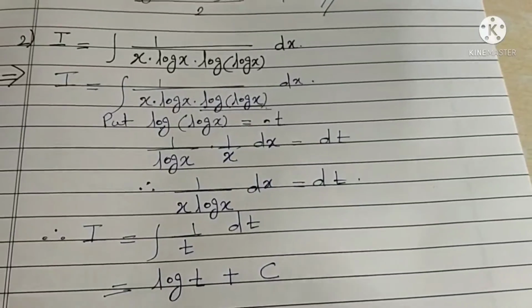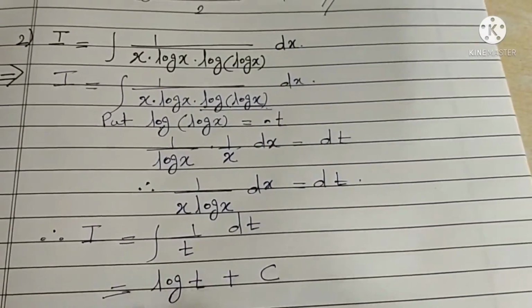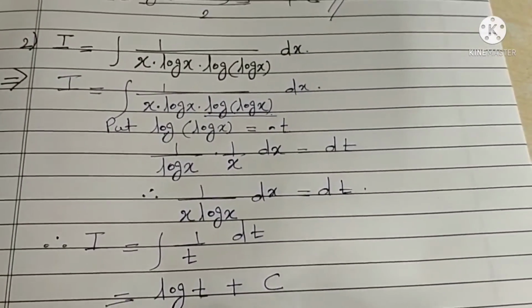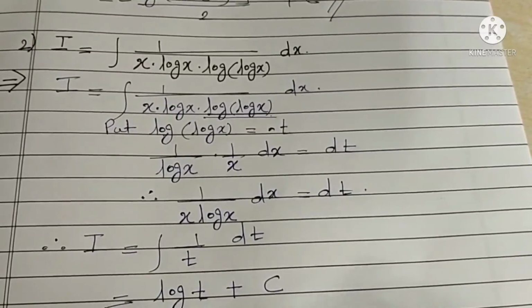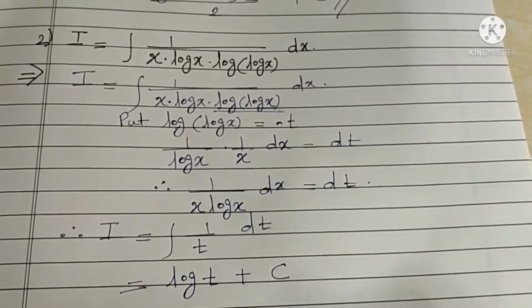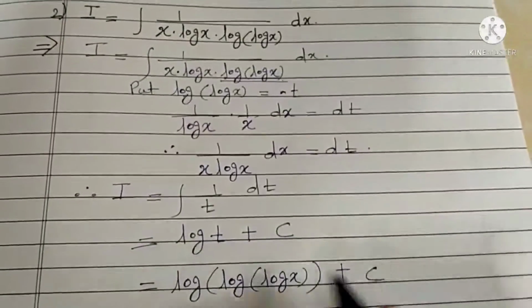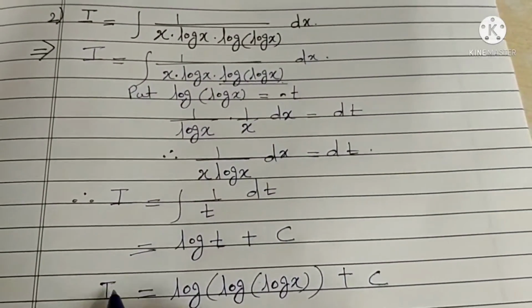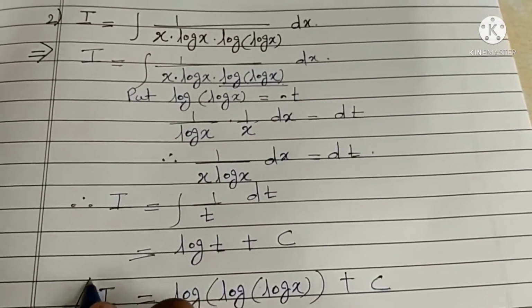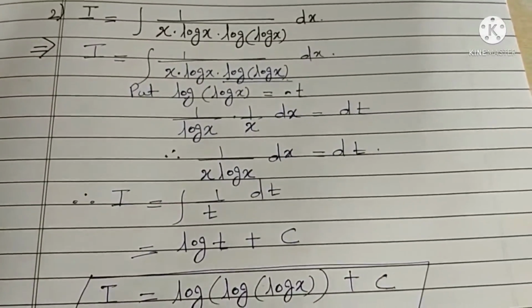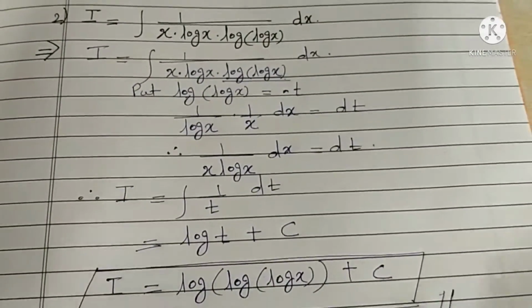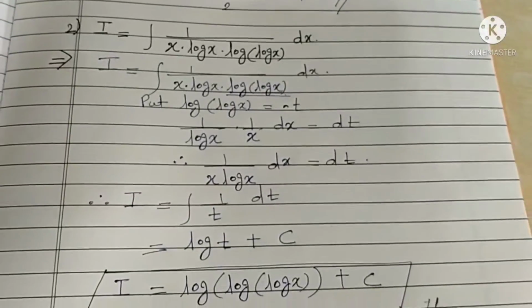But we have to put here the value of t, so it is log of log x plus c. So this is our answer. It is a very simple example, you can observe.